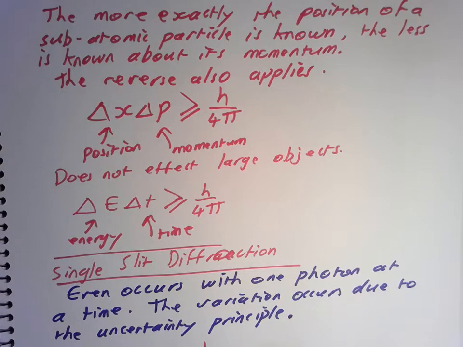So what this does, it increases momentum variation in the opposite plane, so in the plane shown, and I'll put that on the diagram. So momentum variation increases this way.